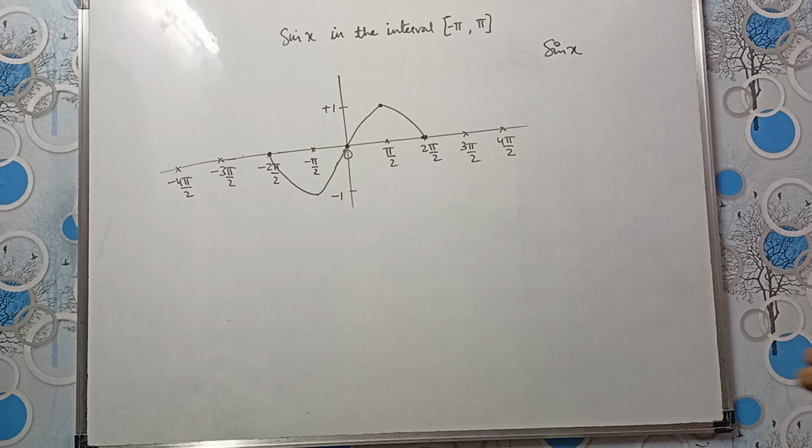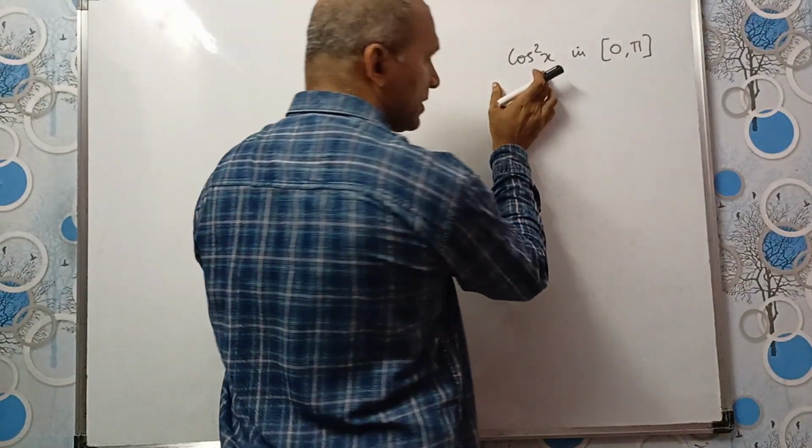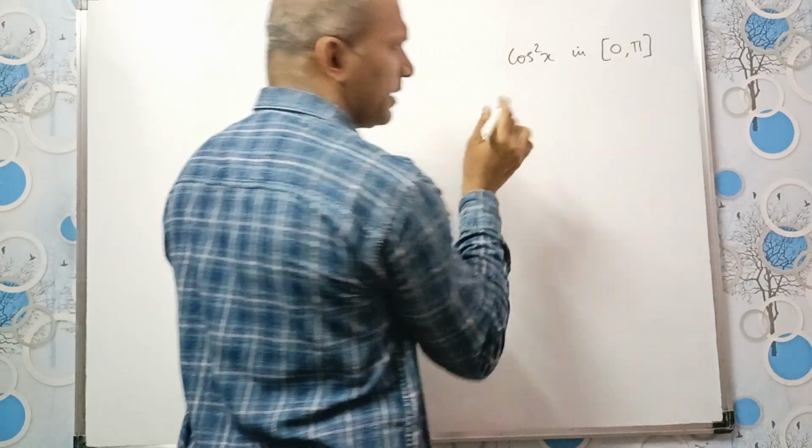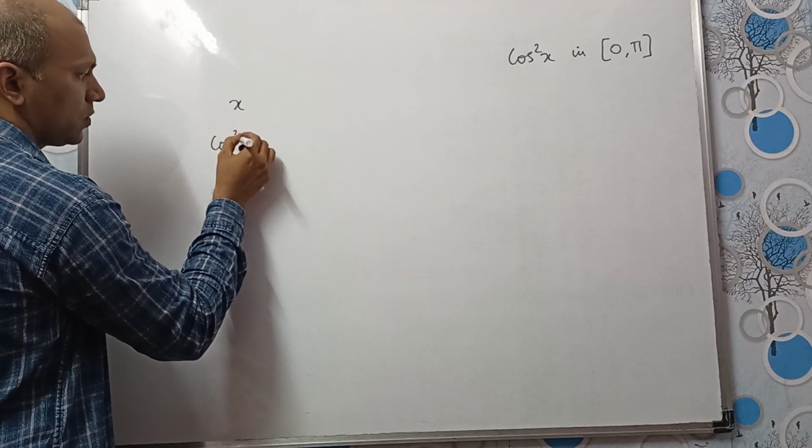Now we will study cos square x. Cos square x is slightly different. Let us draw the graph of cos square x in the interval 0 to pi. Let us take x values and cos square x here.